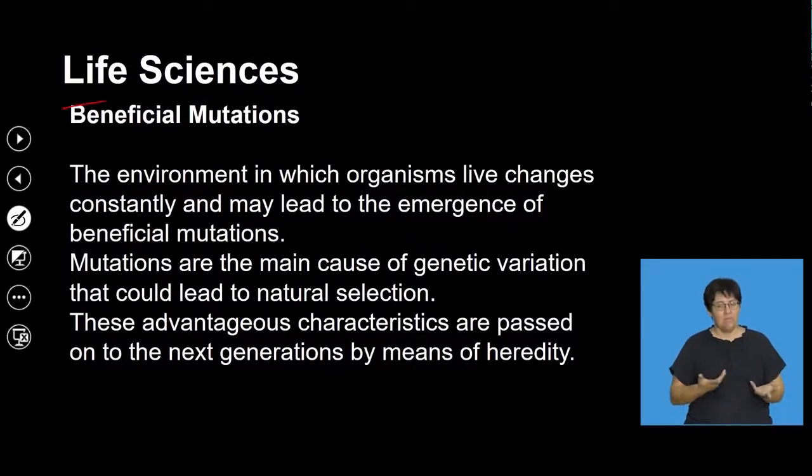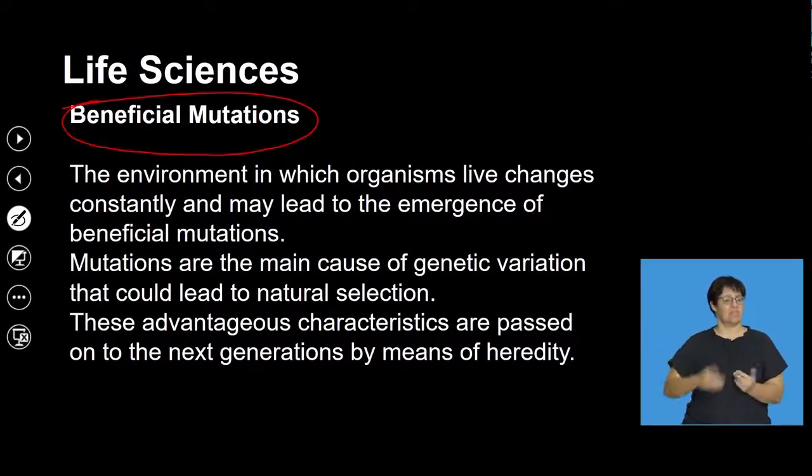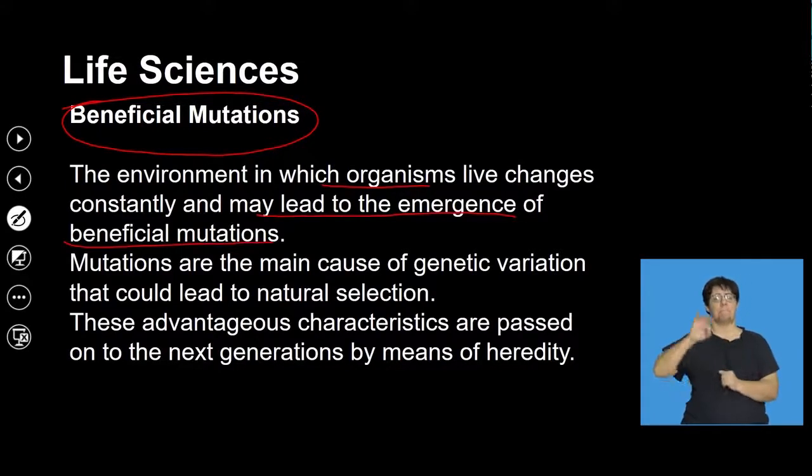We also know that there are mutations that can result in a beneficial protein. So this is when the environment in which an organism lives changes constantly and may lead to the emergence of a beneficial mutation. Mutations may cause genetic variation that could lead to natural selection.